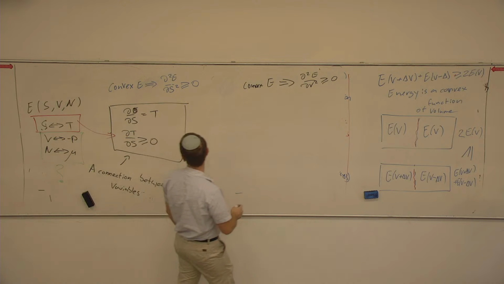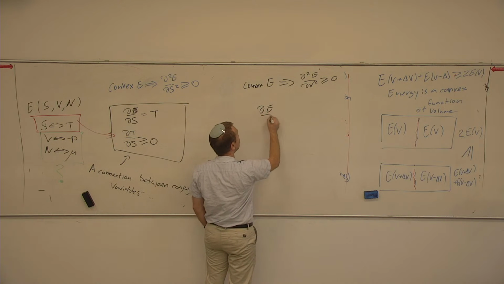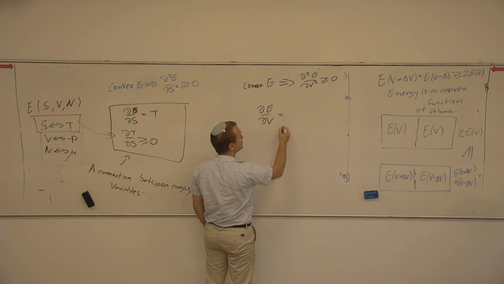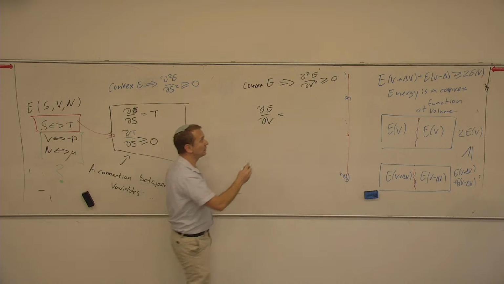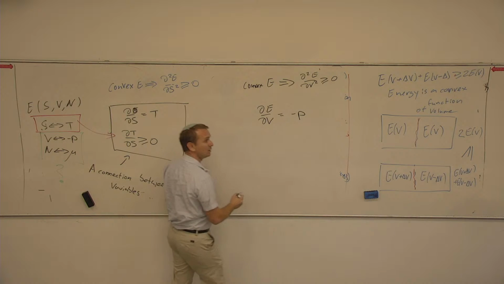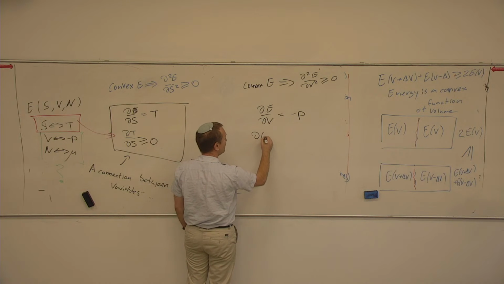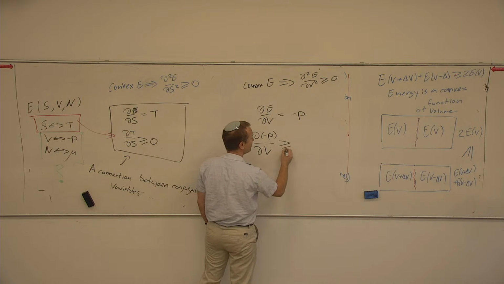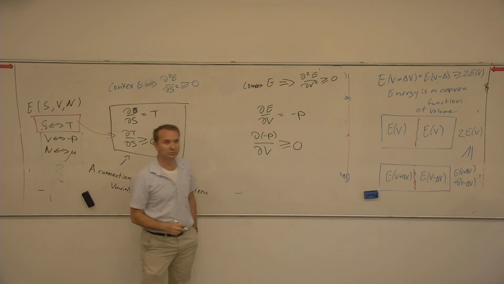So dE/dV equals what? Minus P. So d(−P)/dV is greater than or equal to 0.